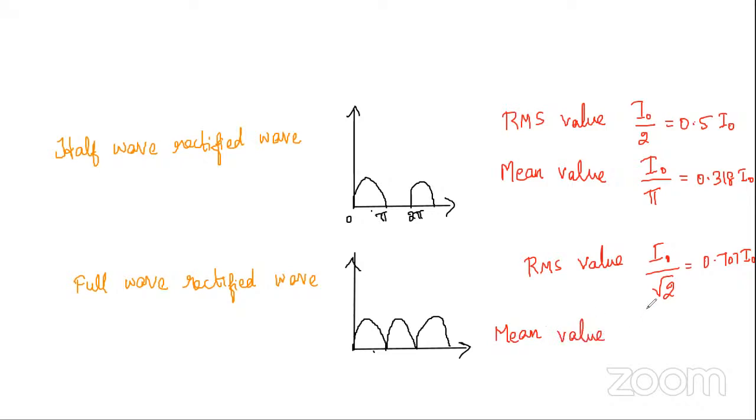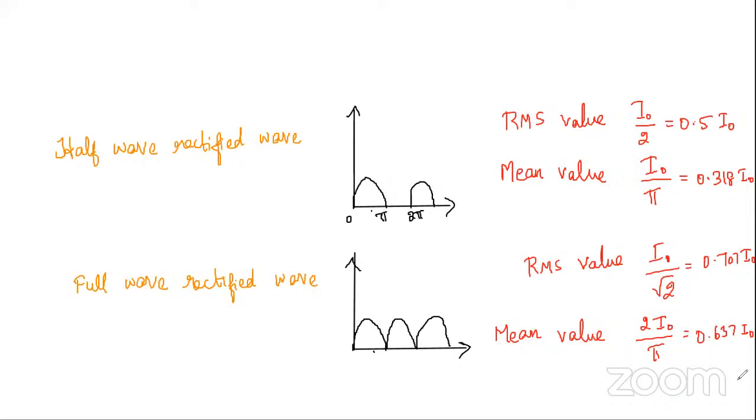The mean value is given by 2 I naught divided by pi. 2 I naught divided by pi, that will be 0.637 I naught. Okay. If it is not clear, let me write it again. 0.637 into I naught. This is the mean value.